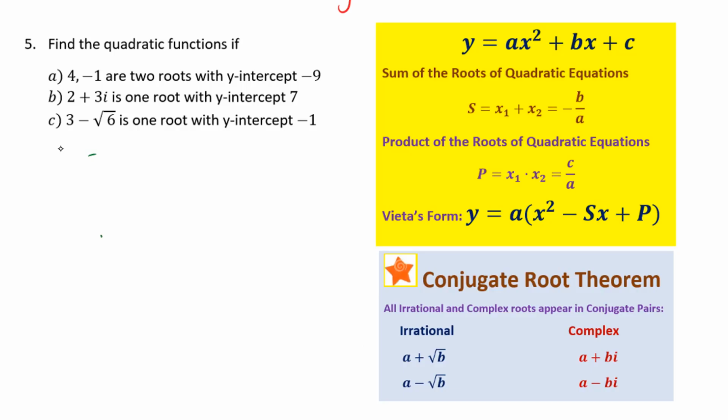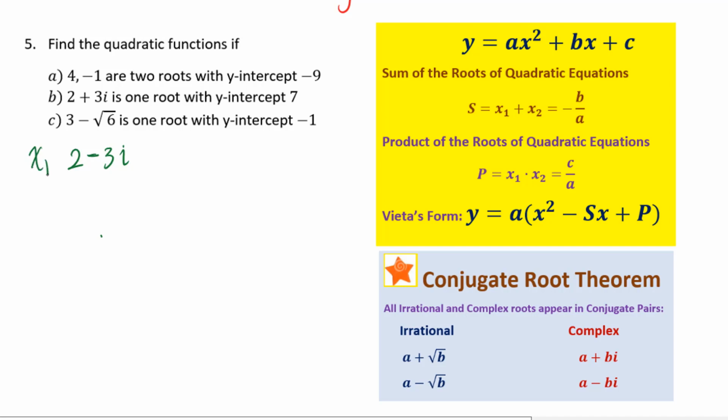Let's go to b. 2 plus 3i is one root with a y-intercept of 7. According to the conjugate root theorem, we know 2 minus 3i is also a root.